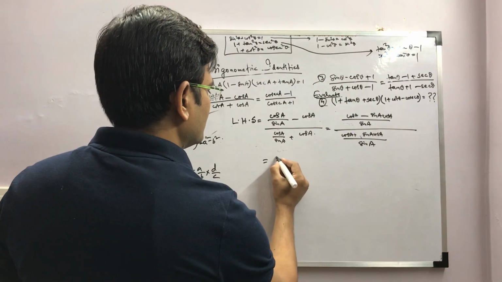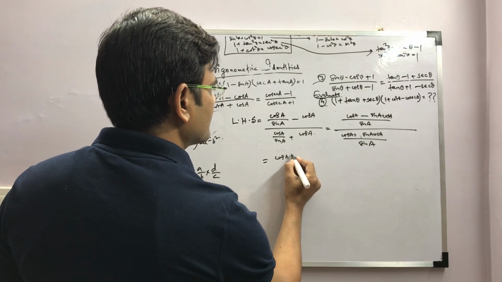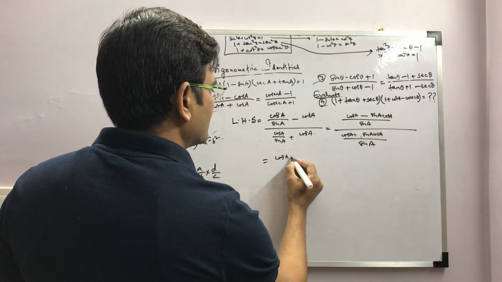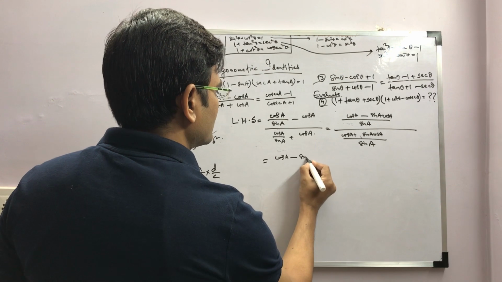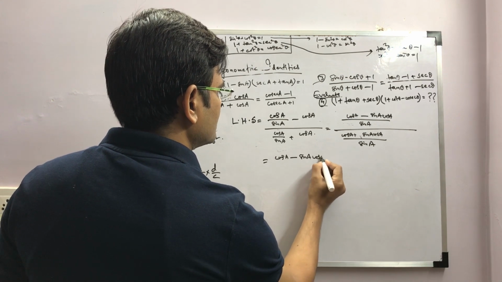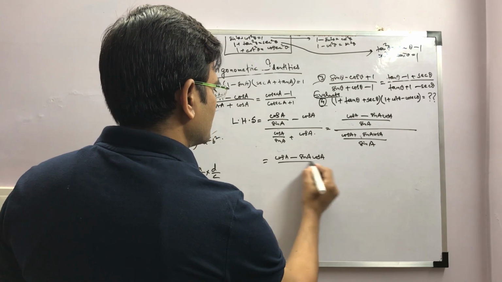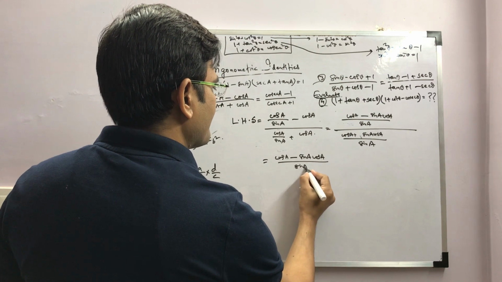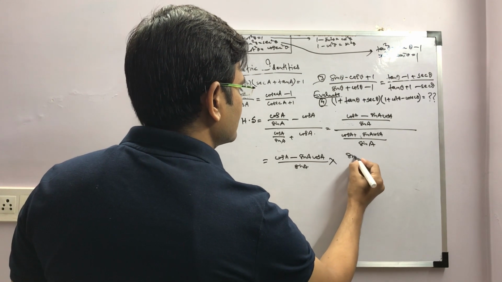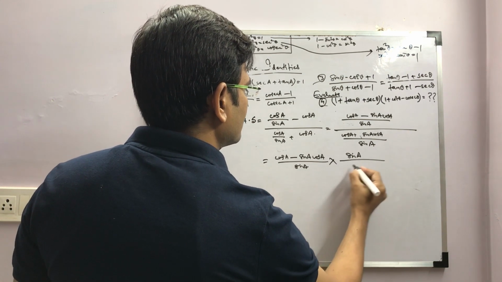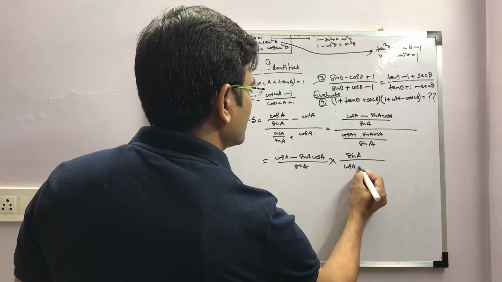I'll take cos A common here. I'll not take it common. Let's see what happens. So by sin A, so that I'll make you decide why we'll take common. What is the need of the hour?